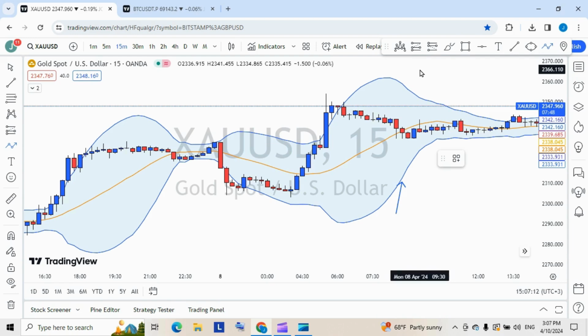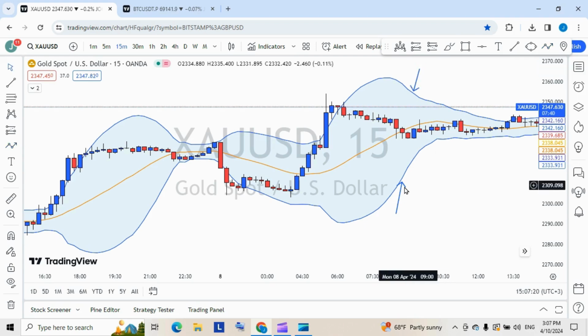This is the upper band where you're seeing this arrow pointing as well. So we have the arrow at the bottom here, which is the lower band, and this is the upper band. This middle line separates the upper band from the lower band. Hope you are grabbing the concept.